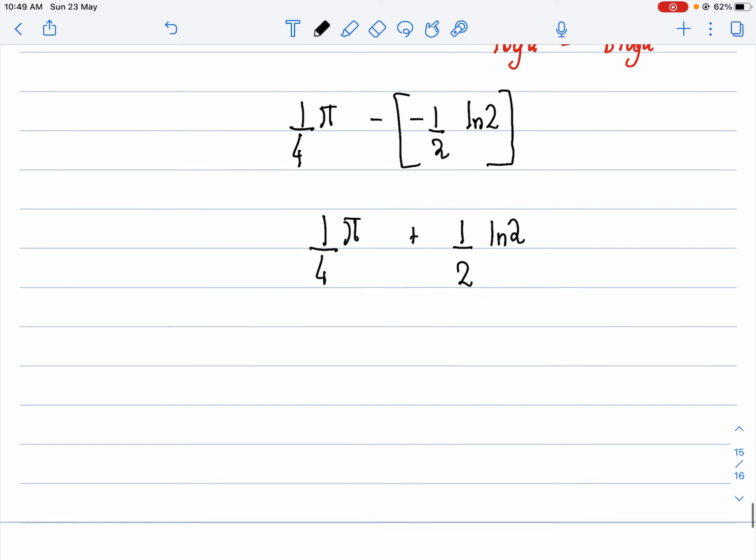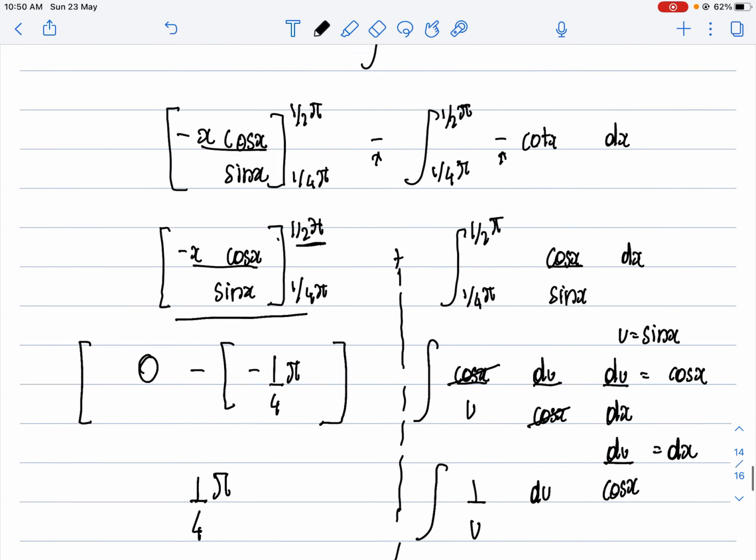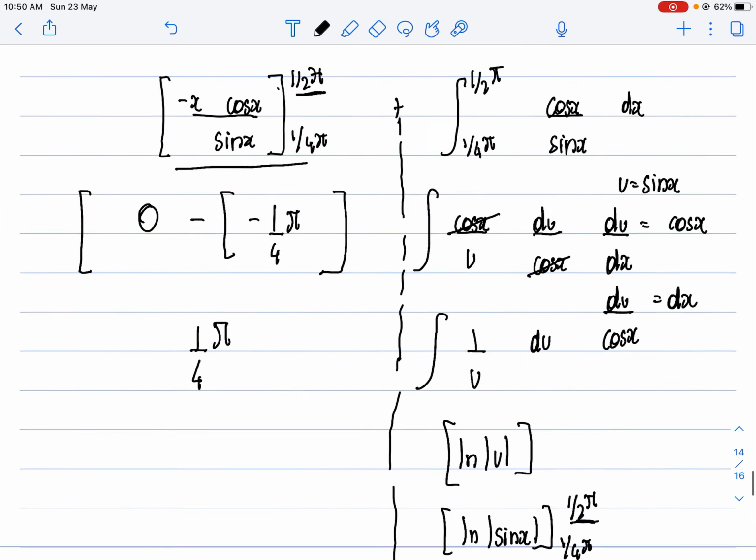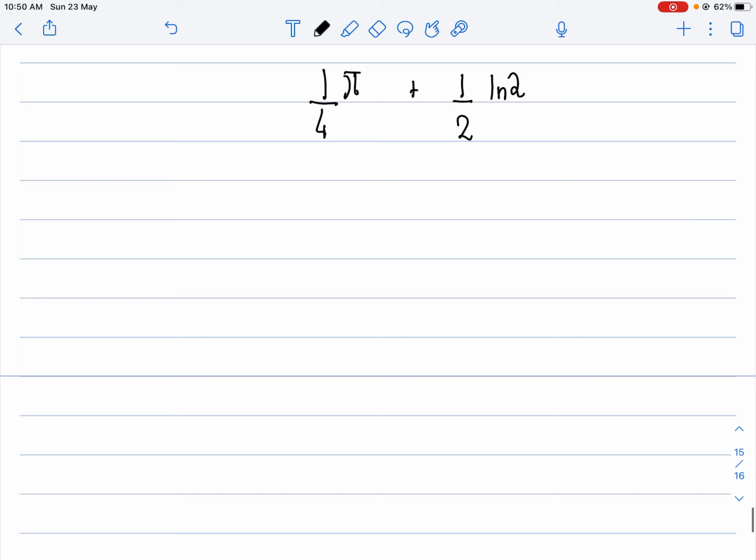Okay. So now what are they doing? I need exactly this. So if I take 1 over 4 common, I get pi plus, obviously, 2 ln 2. Agreed? Because when I take 1 over 4 inside, I need to get this again.